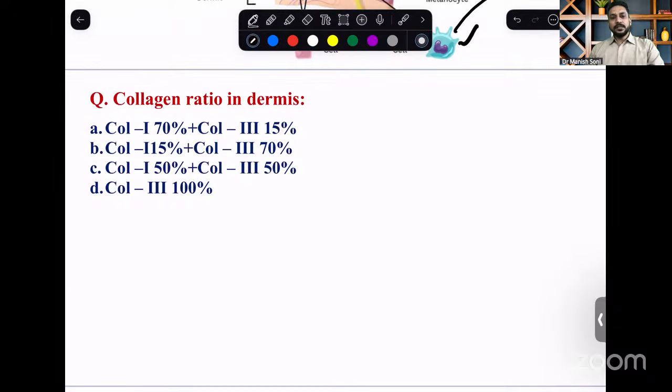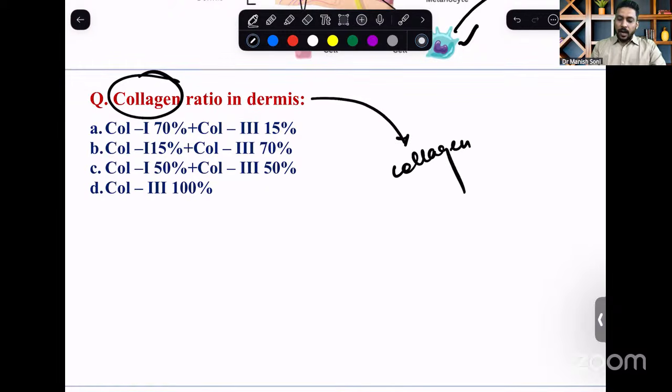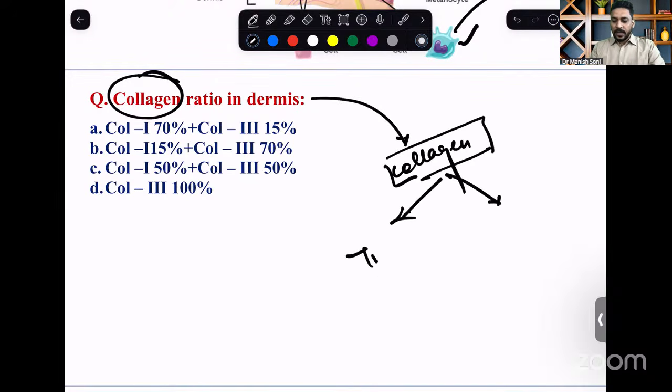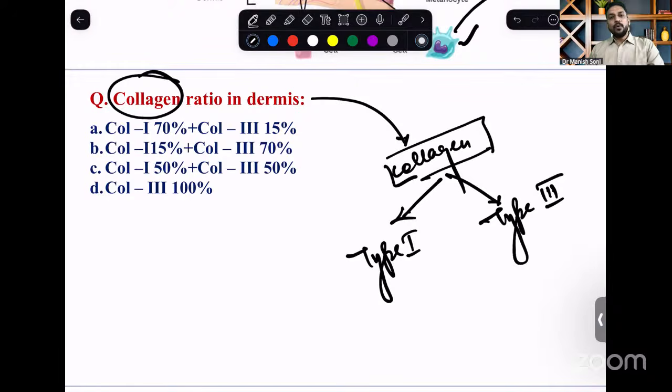Now, in the dermis, collagen is present. And sometimes they ask you, what is the type of collagen present in dermis? Collagen fibers are the most abundant fibers present in dermis. There are two types of collagen present here, type 1 collagen and type 3 collagen. Now, which one is more?